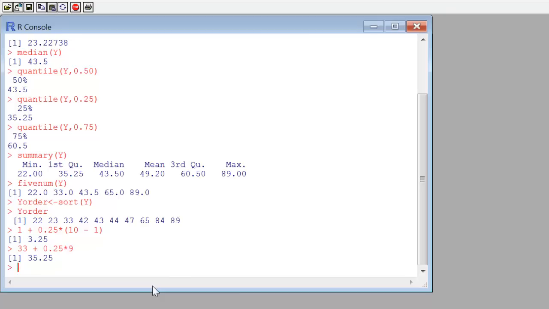We find 35.25 is the computed first quartile, which matches up with how the quantile function computed it right here, how the summary function reports it.